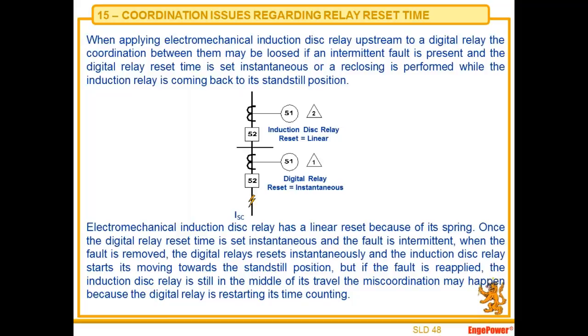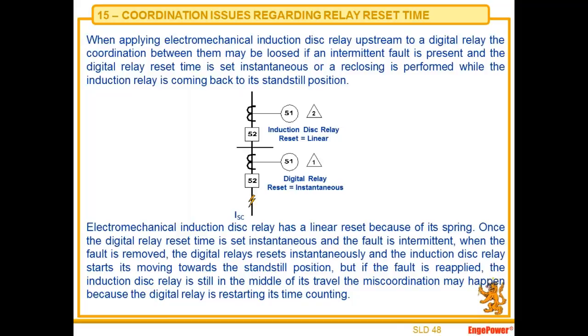But when the disk is in the middle of the travel, the fault starts again. The upstream relay is in the middle of the travel. So to trip, it will take much less time than from the standstill condition. And it trips first, before the digital relay.